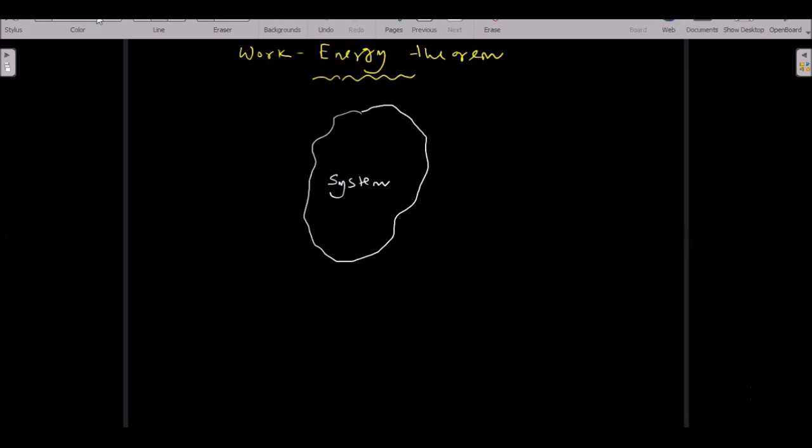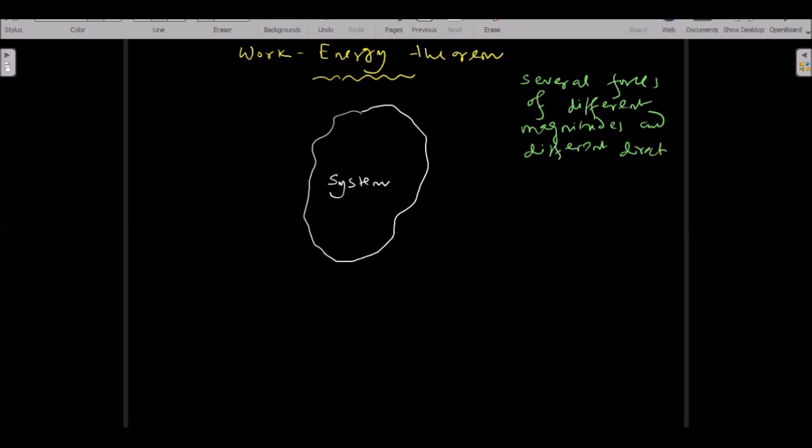What we are assuming is that several forces of different magnitudes and different directions are acting.